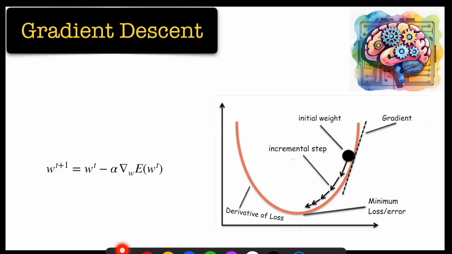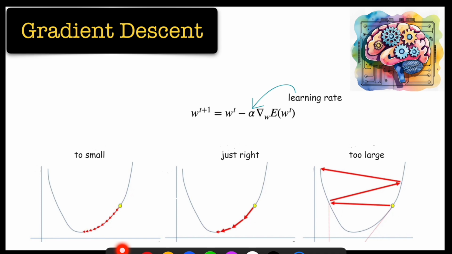And from this initial position, we take incremental steps to reach this minimum point. Now, what is this alpha? We are deducting some multiple of this gradient, right? So this alpha is called the learning rate. It decides how fast we should move to reach this minimum point.